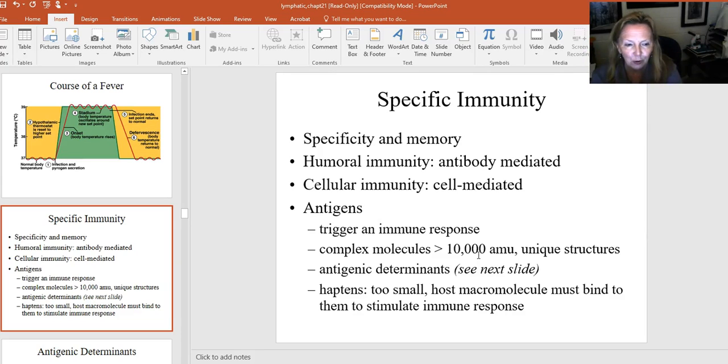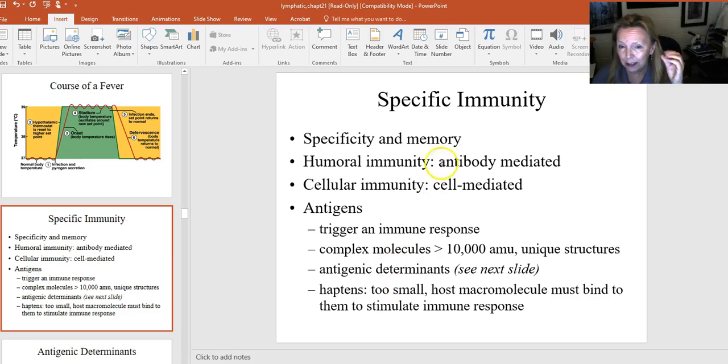I need for you all to realize that without specific immunity, we would never get out of infancy. We would never have a day in our entire lives that we weren't ill, and we would have succumbed to actual infection.